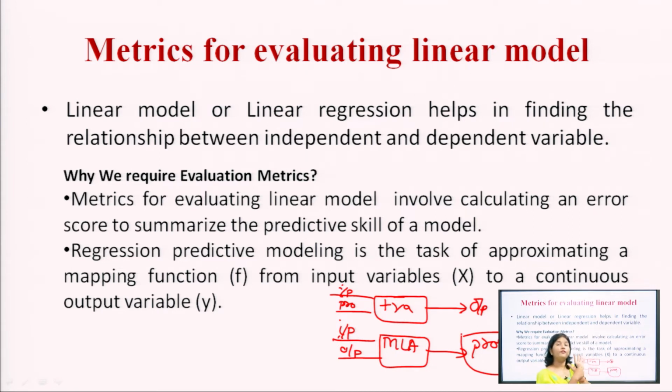If you are getting 50%, then you come under the category pass, and if you are getting less than 50, you come under the category fail. That means dependent and independent, two things are there for predicting things, okay, for taking the decision. Obviously, it is all done for taking decisions. So, a linear model or linear regression helps in finding the relationship between the dependent and independent variable.